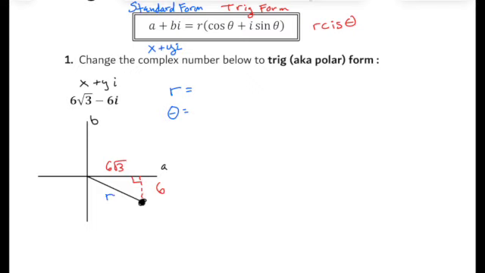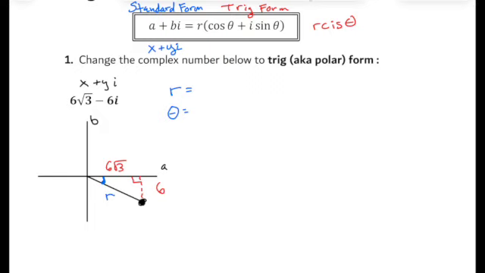So that's our r. Now you should know that you can always find the hypotenuse on a right triangle by doing the Pythagorean theorem, 6 root 3 squared plus 6 squared, and take the square root of that. But if you're doing this without a calculator, that probably means you're dealing with a special right triangle.